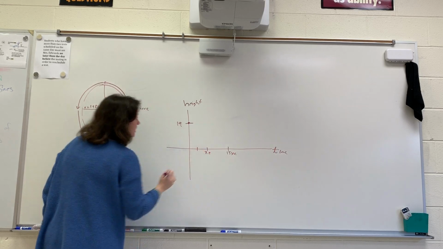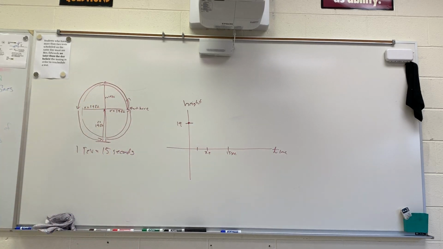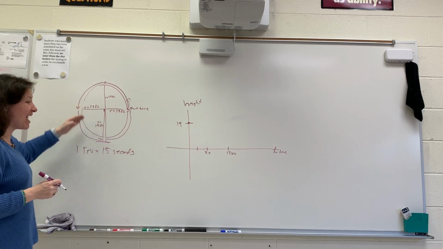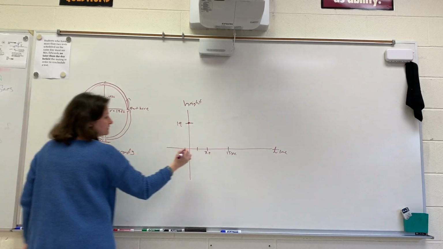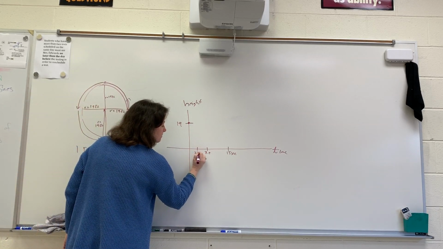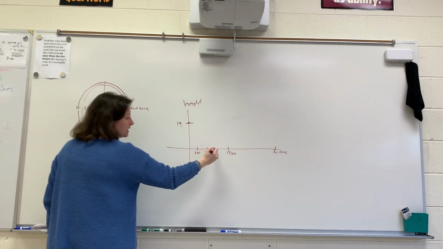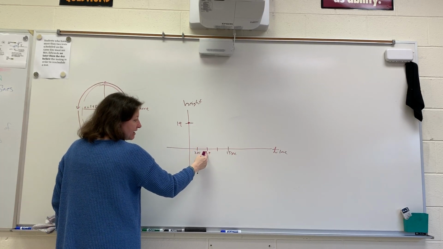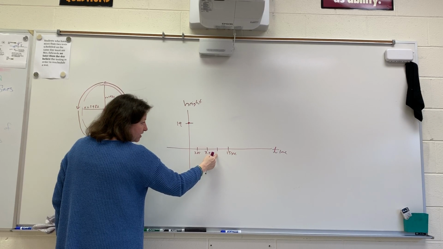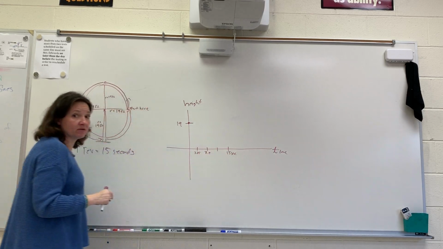And where am I time-wise when I get to the top of my circle? Well, I'm halfway between, which is 3.75 seconds. Good. Okay, and then obviously I'd go 3.75 seconds, 7.5, another 3.75, another 3.75, and I just finished my first loop.